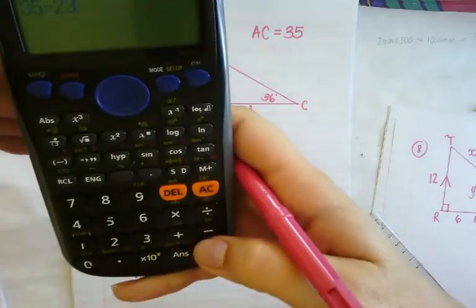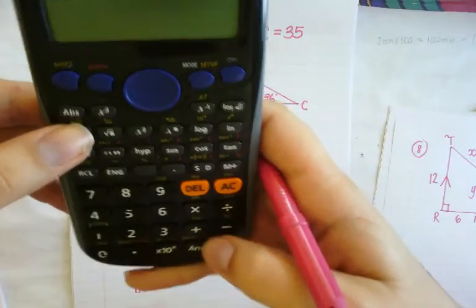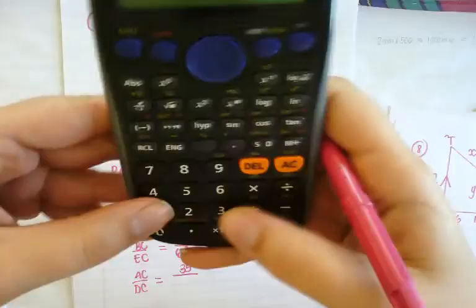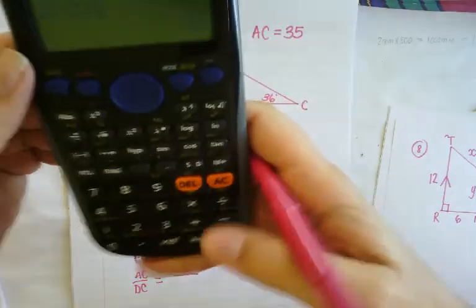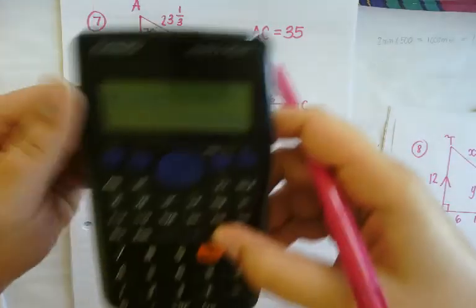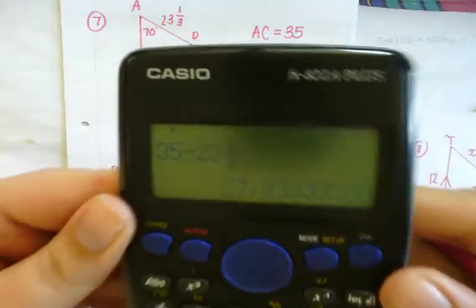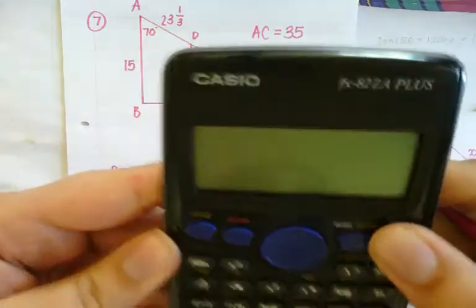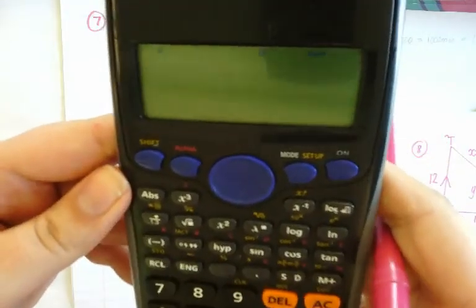So, if we try and do our fraction now, it would still be a problem. So we get 27.3 if we did the whole mixed fraction on the calculator, which is definitely, we know, not correct.